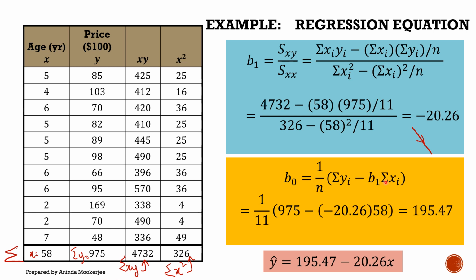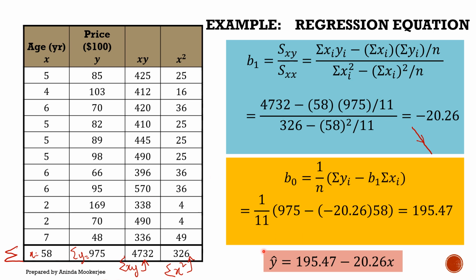Again, we are using the computing formula, which is 1 divided by n times sigma y. Sigma y is the sum of all the y values, so I'll have 975, minus, we have to plug in whatever we found for the slope, which is minus 20.26 times sigma x.